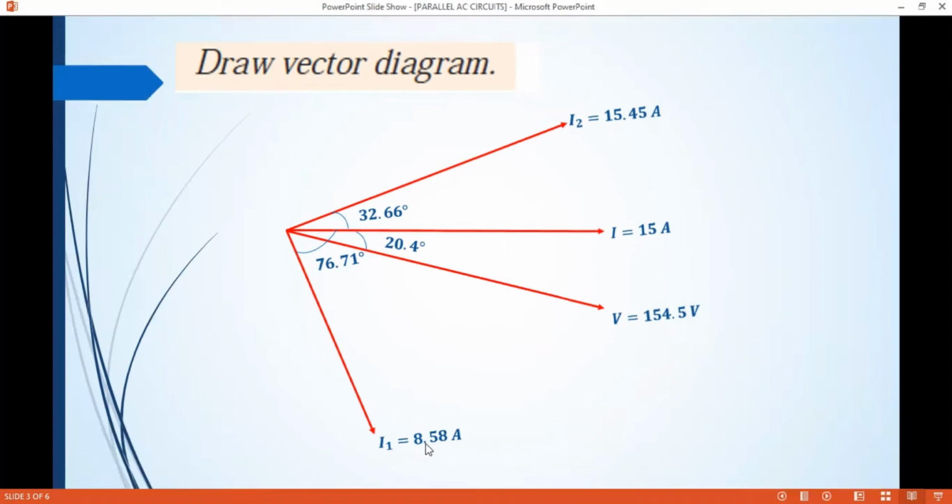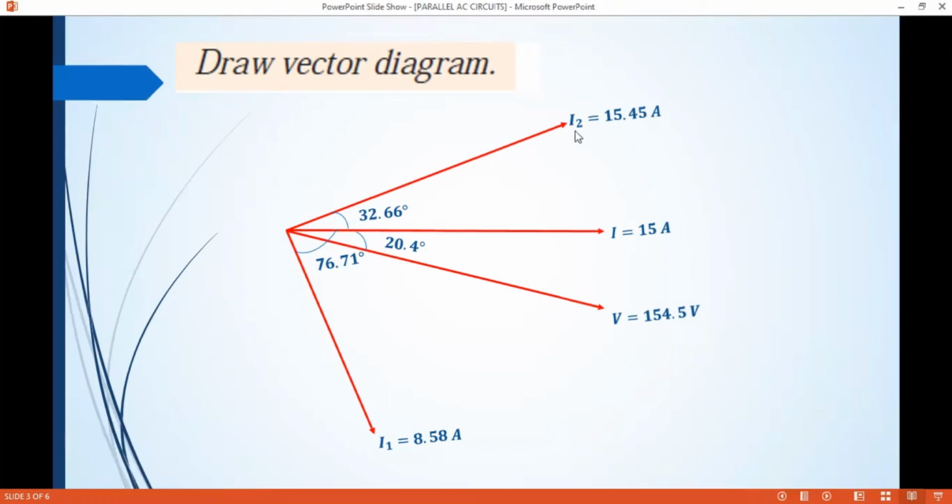And the next is for the current 1, we have 8.58 ampere. Since the angle of our current 1 is negative 76.71, we will also go down here. So we have 76.71 from the 0, or from the x-axis, down to the fourth quadrant.